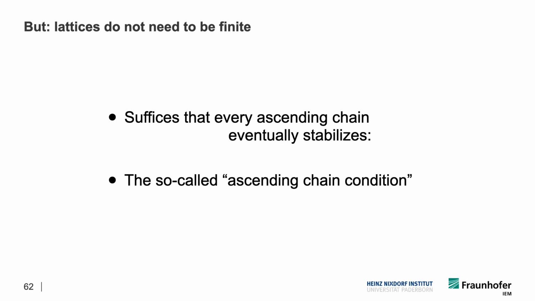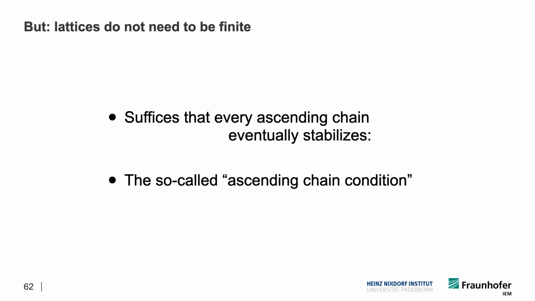Just to recap, I showed you that by arranging domain values in a lattice, we get this guarantee that you can always merge two lattice elements to a unique upper bound.